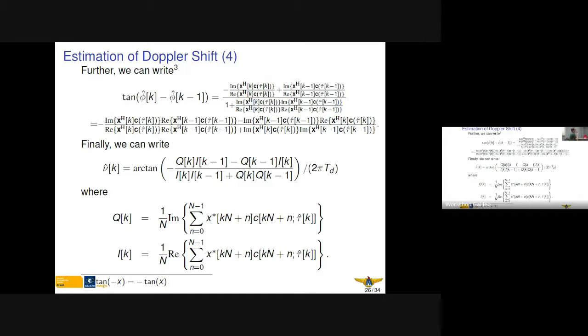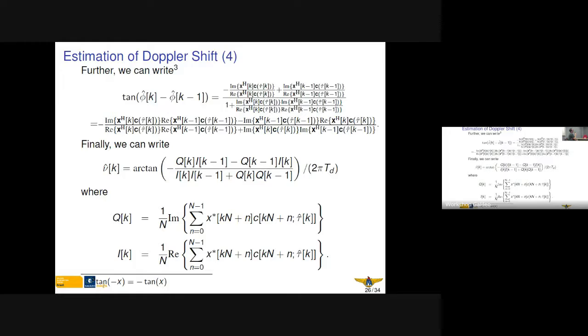And we arrive at a very nice formulation where we get phi nu hat of k being equivalent to the arctangent of qk ik minus 1 minus qk minus 1 ik, divided by ik ik minus 1 plus qk qk minus 1, all divided by 2 pi td.